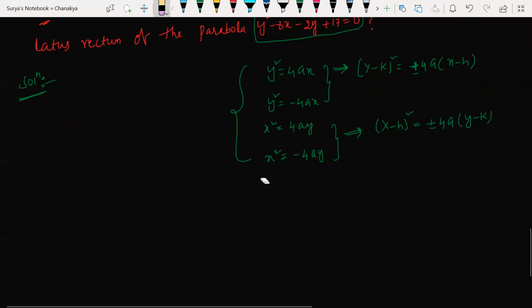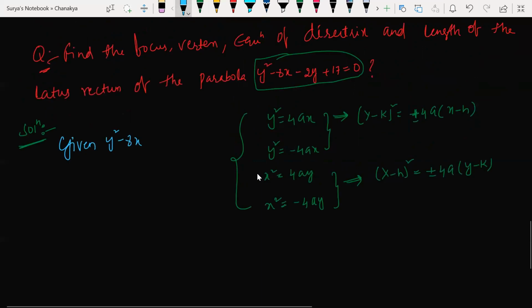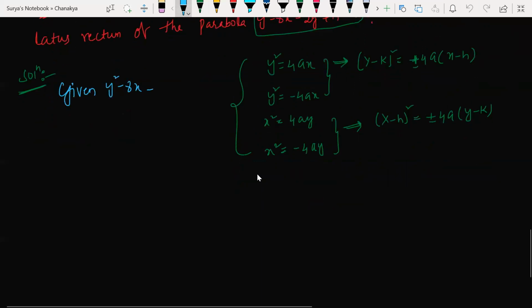Now let's see what he has given. Y square minus 8x minus 2y is equal to 0. So guys, for making this a perfect square, look here. I have many y terms and only one x term.